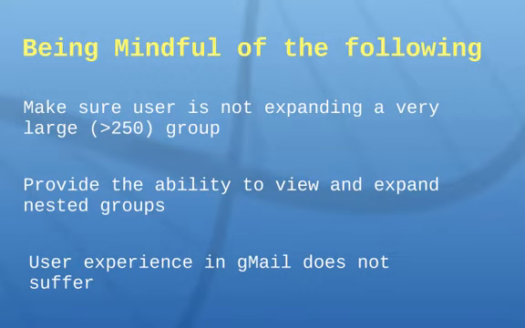So in order to prevent that, we are actually limiting the expansion. And when I say expansion, I'll show this in a second, where I'll demo this feature, we limit that to 250 members.